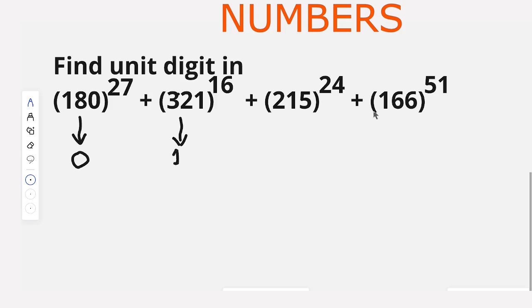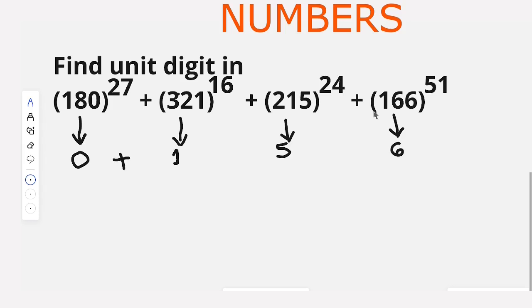Similarly, when the ones place in any number is 5, then whatever its power, on expansion the ones place will remain 5. So in 215 to the power 24, the unit digit will remain 5. And whatever the power of a number which has ones place 6, its ones place after expansion will continue to be 6.